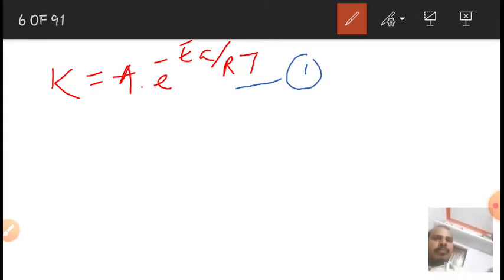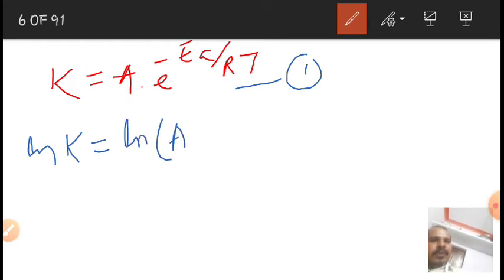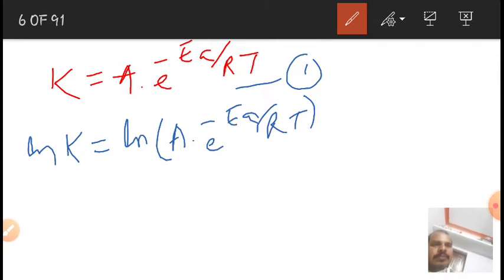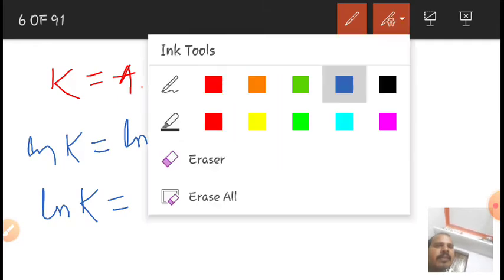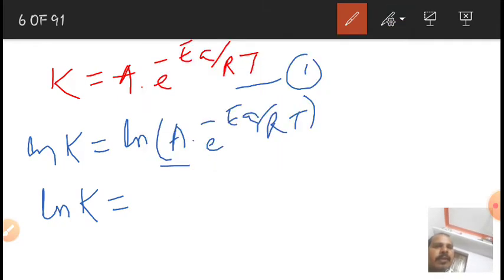By taking logarithm on both sides of equation 1, we get ln k is equal to ln of A e to the power of minus Ea by RT. Next, ln of ab is equal to ln a plus ln b.